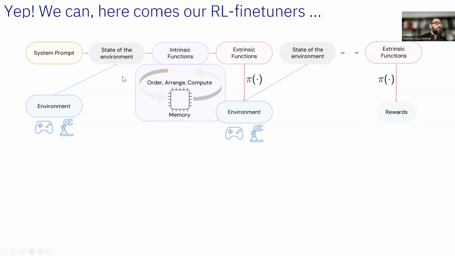So here we have this structured reasoning order that I told you about before, which allows us to go from the state of the environment to the action. This gets rid of the problem of a prefixed reasoning structure, allowing the agent to think internally via these intrinsic functions and then act.